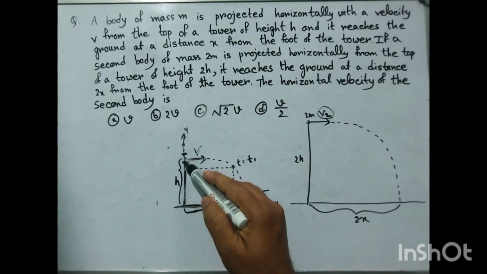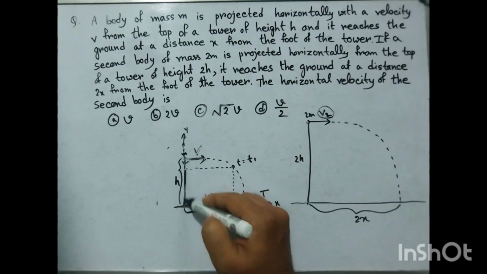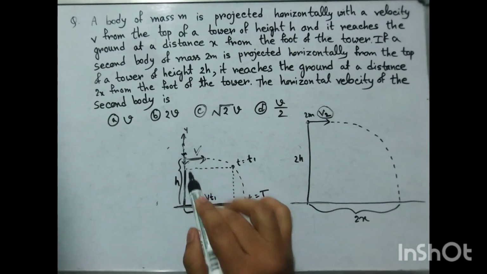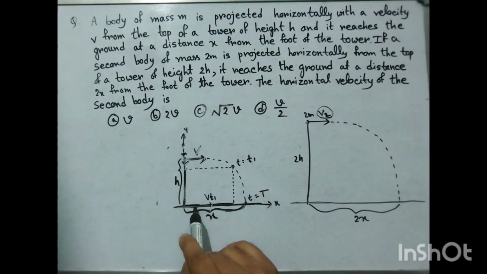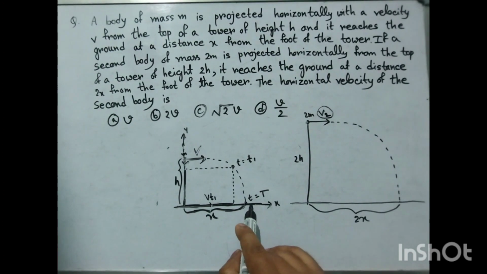At t equal to capital T it comes x distance horizontally and falls h distance along the y axis. Along the y axis this is just vertical motion, and along the x axis it is motion of constant velocity.